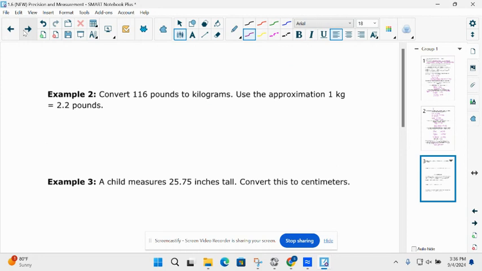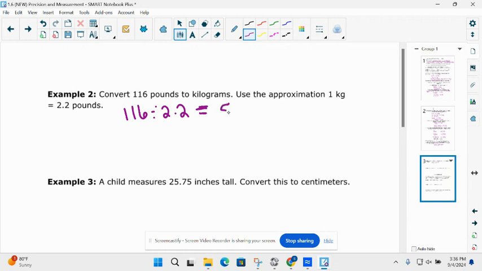Let's do an example. Convert 116 pounds to kilograms. Use the approximation 1 kilogram to 2.2 pounds. So we're going to take 116 and divide it by 2.2 pounds, and you'll get 52.72, repeating 7272.